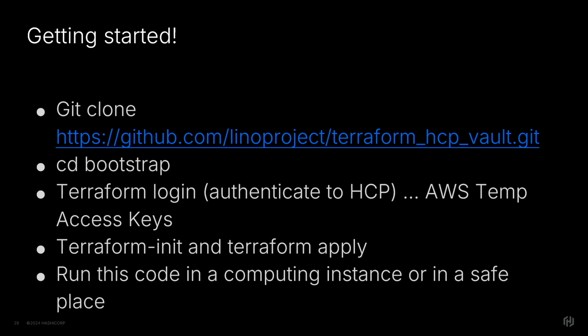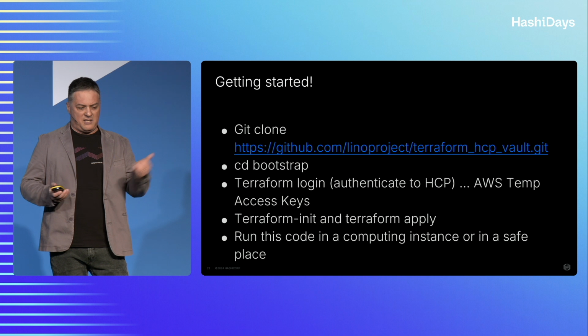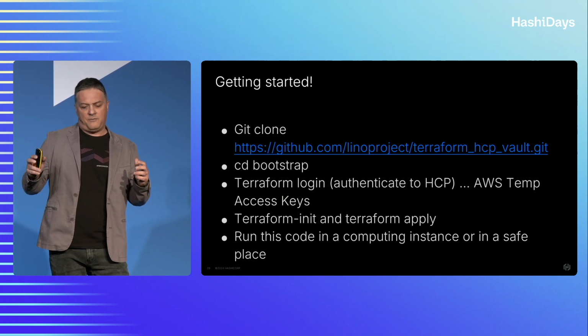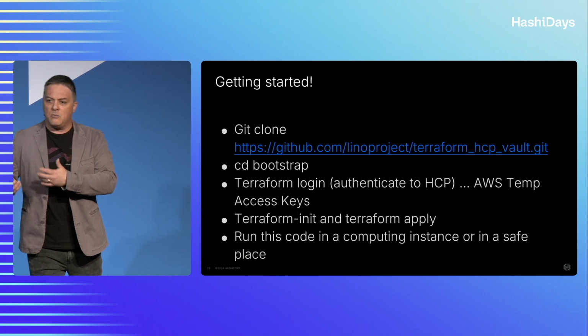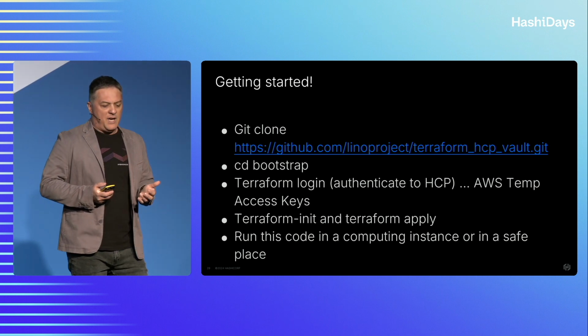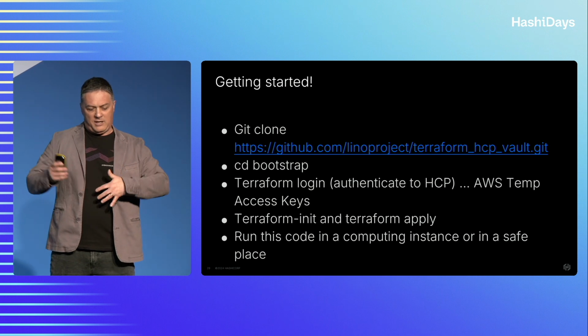So it's time to see something in practice, and I prepared it for you. You will also find this link at the end of the presentation, because I want to share with you some code. I have already tested it, and I also prepared a module for you. Just do this first step that I call Bootstrap. You are bootstrapping one or more workspaces, and then issuing terraform login.